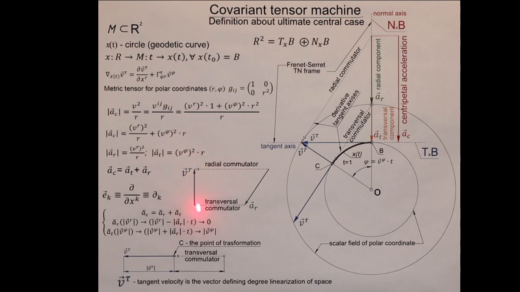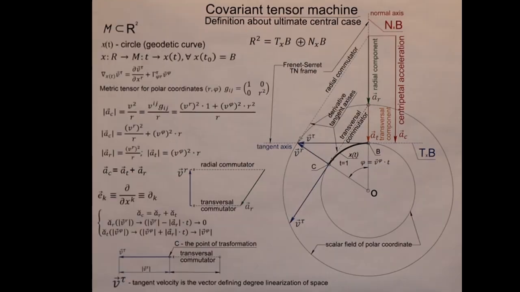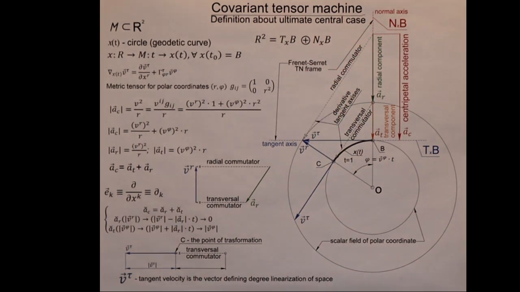Projection. Therefore, action on the radial velocity involves its nulling. This event brings the absence of action from the radial commutator. The residuary transversal commutator is the future velocity, direction, and invariant.